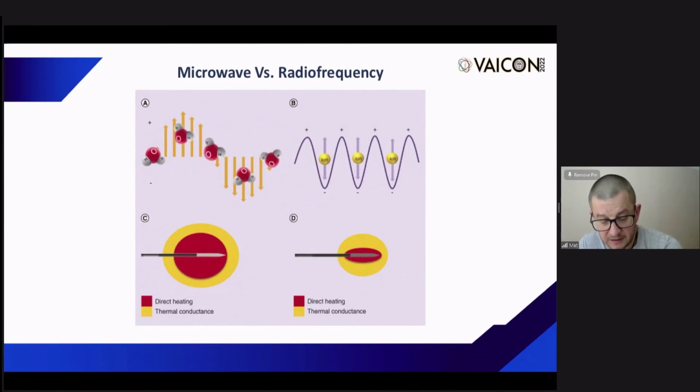It does not need electrical conductivity of the tissue to produce heat. Ablative efficiency can be affected, especially when the tissue immediately around the probe tip becomes more dry during ablation.